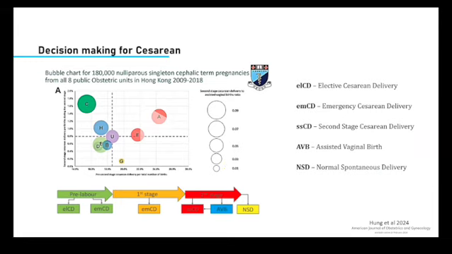This is a study of 180,000 nulliparous women, that is, women who have never had a baby before, in the 8 major centers of Hong Kong. And you can see how the decisions are made for cesarean section, virtually all being made in the pre-labor circumstance, with more senior obstetricians.